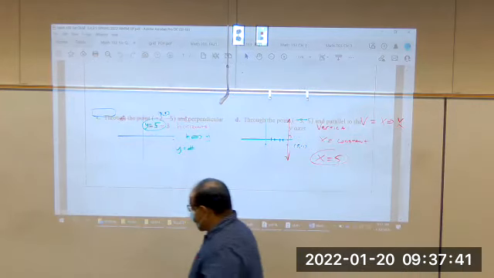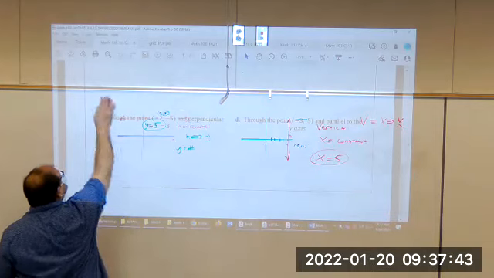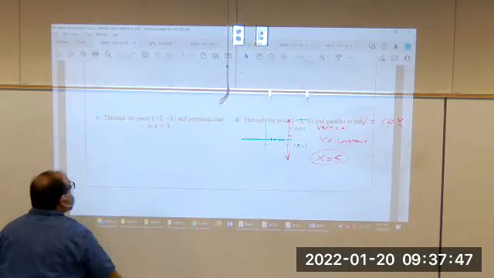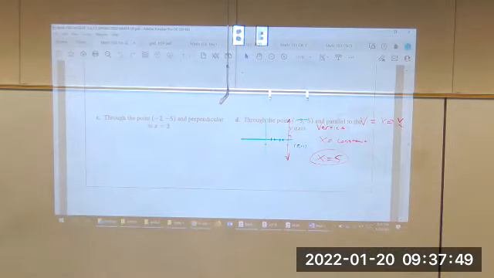There's a homework question that's a lot like C, because it does not say horizontal or perpendicular to the x or y axis. It says perpendicular to x equals 3. Perpendicular to some other line.